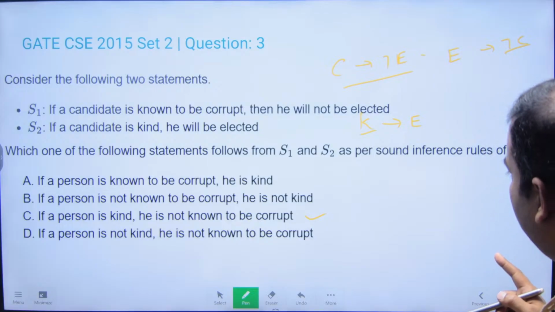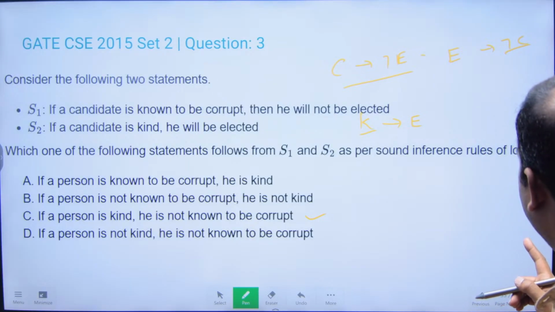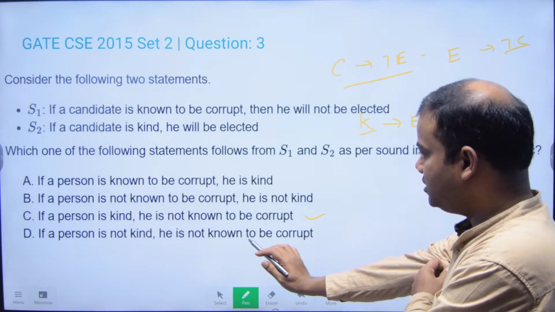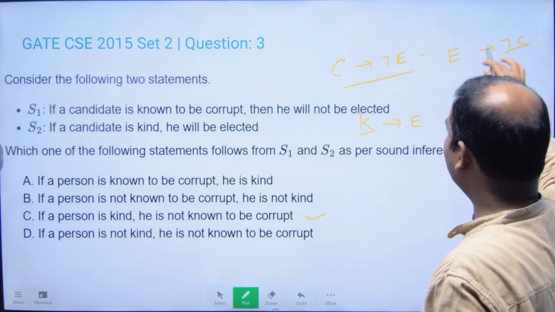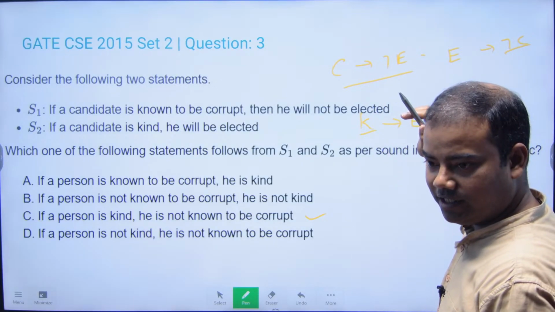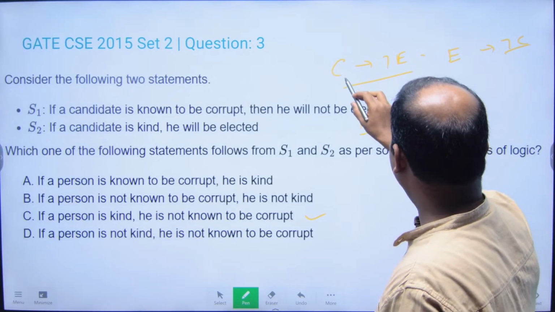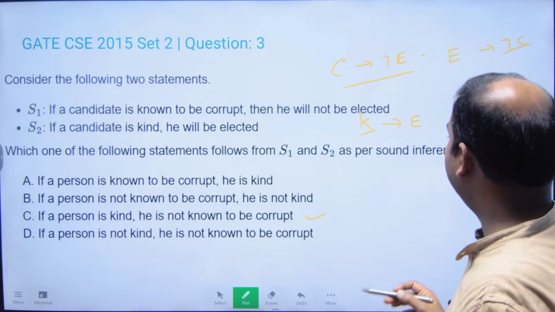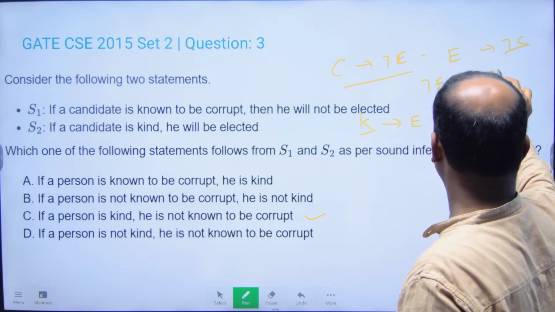If a person is known to be corrupt, he is kind? No. So C is definitely the answer. This is also called the chain rule, which we have already seen. If a person is corrupt, he is not elected, and if he is not elected, then he is not kind.